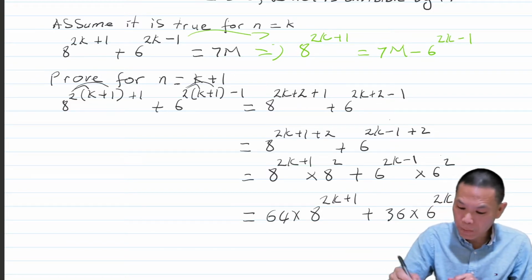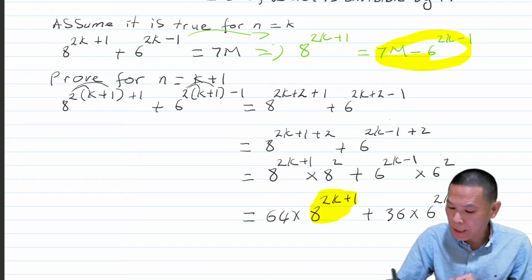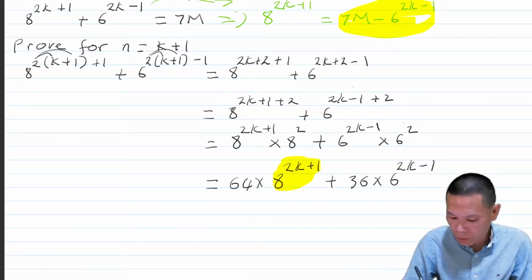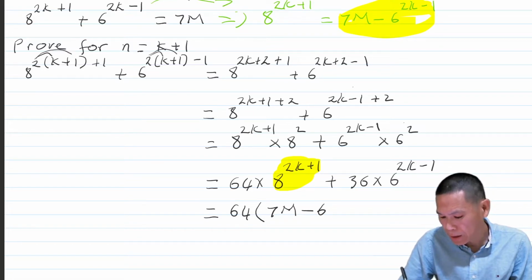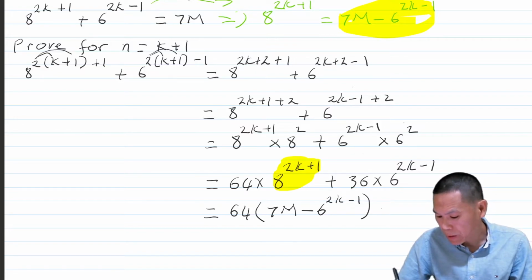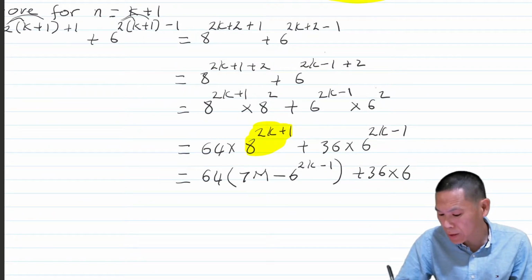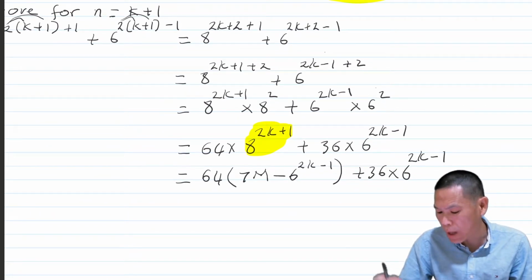So now I replace this with this, okay? So that is equal to 64(7m minus 6^(2k-1)) plus 36 times 6^(2k-1).